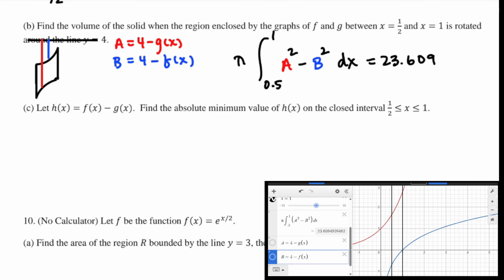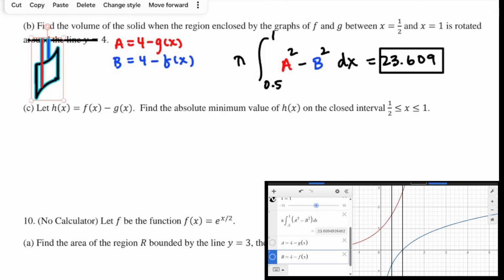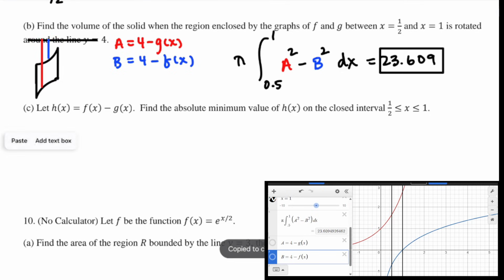And after that, I'm going to let h of x equal f minus g. So that's kind of like, if I just grabbed that stuff and got rid of those, h is this vertical distance right here.